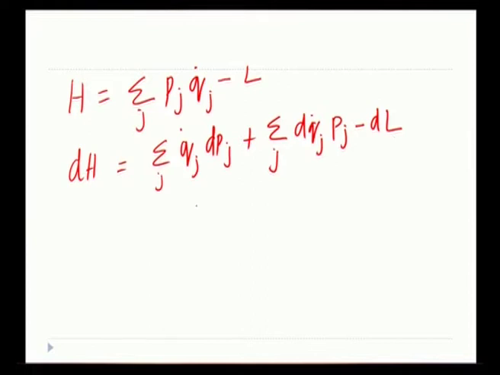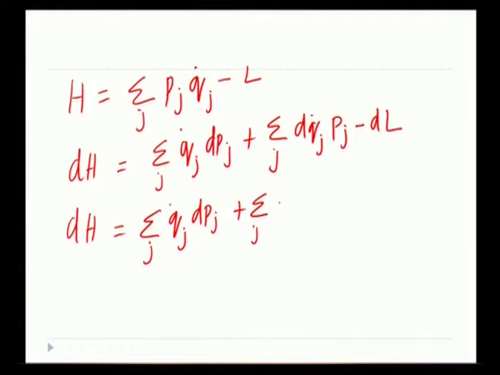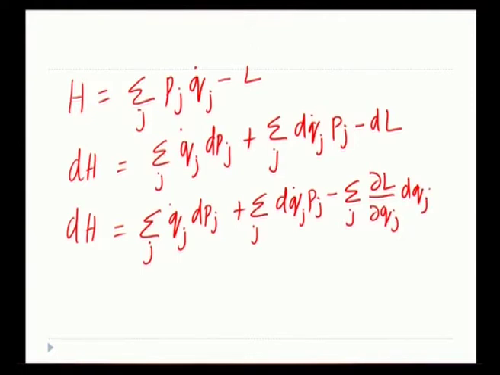So from this we need to substitute the values. The variation of the Hamiltonian will become dH is equal to the summation over j of Q dot j into dPj, plus the summation over j of dQ dot j into Pj, minus the summation over j of dou L by dou Qj into dQj, minus dou L by dou Q dot j into dQ dot j, minus dou L by dou t into dt.